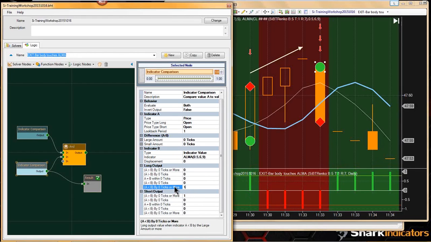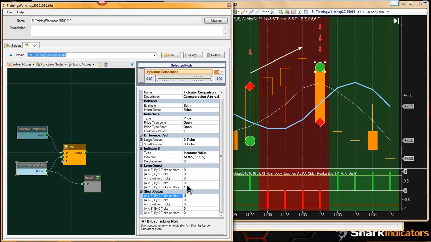Let me point something out here. You notice how our outputs are kind of mirrored? If the long is all the way at the bottom, the shorts are all the way at the top. Typically, when you're setting up a comparison solver, you do want your outputs kind of opposite of each other.